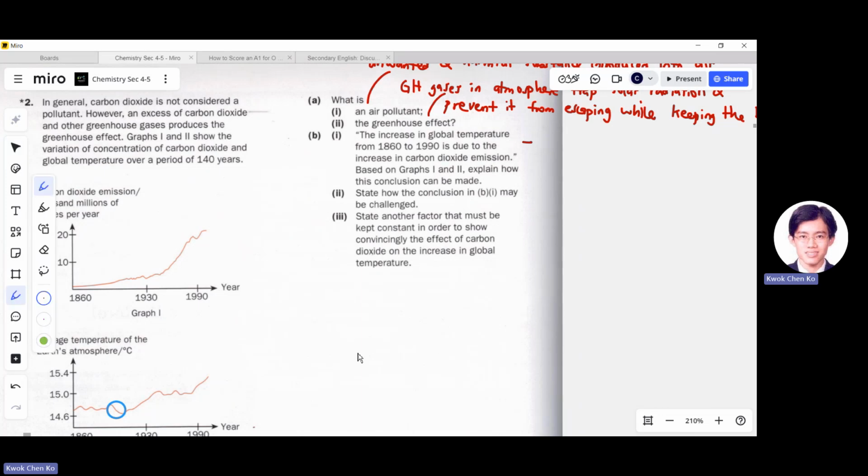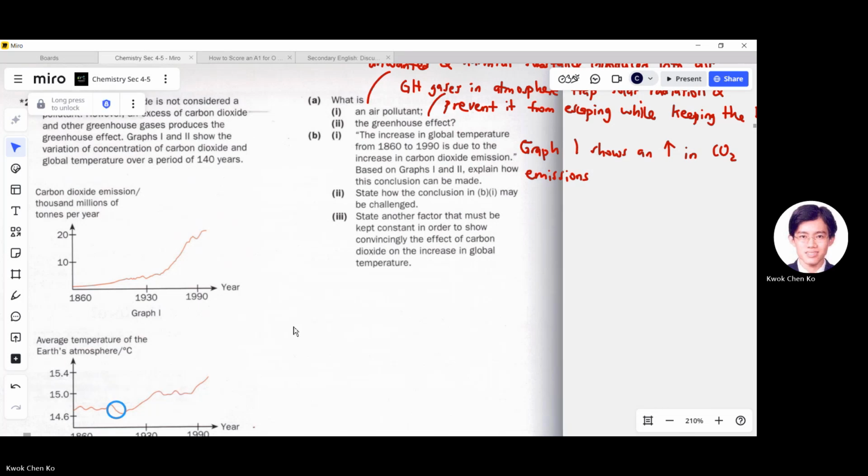So basically, graph 1 shows an increase in CO2 emissions from 1860 to 1990.